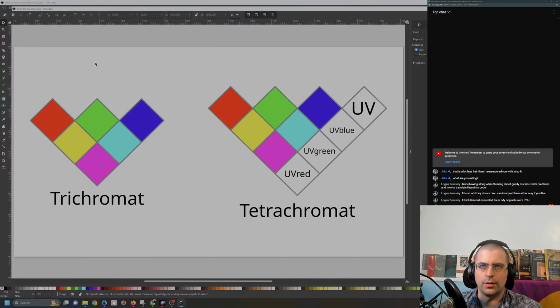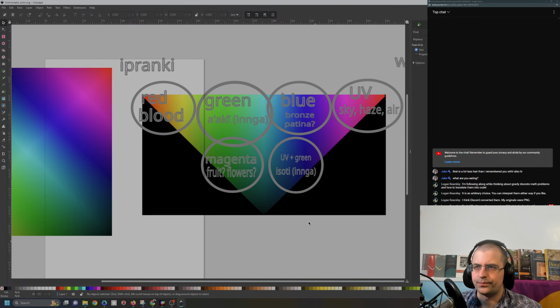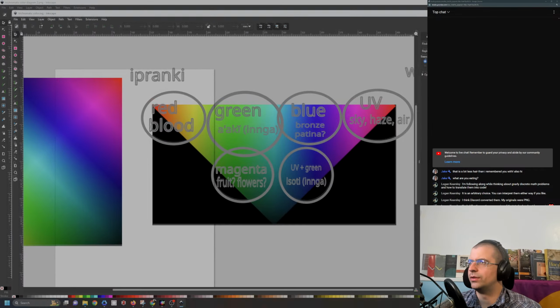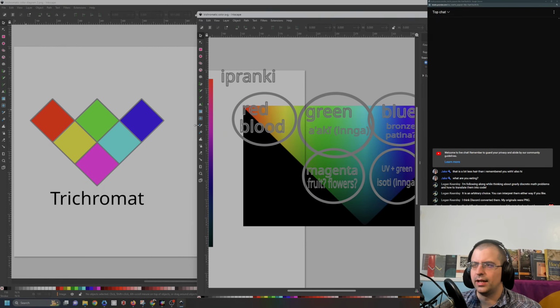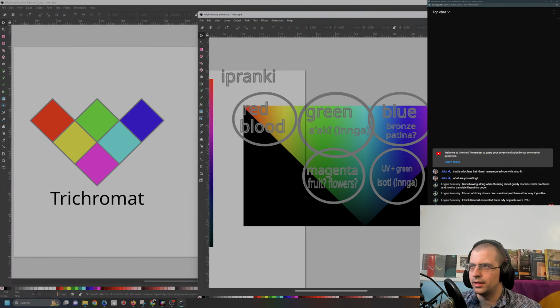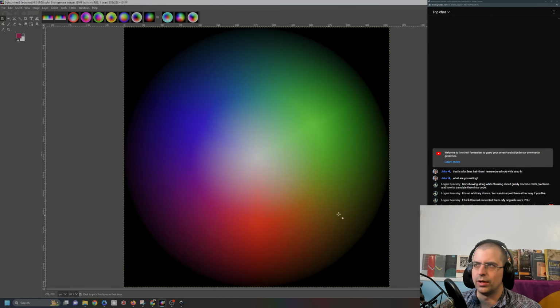Okay, tetrachromatic color, that should be it. See? So we want to take this and work on that, and we're going to remap this onto our current stuff in GIMP, I guess, since that's the only program I can get to work on that.